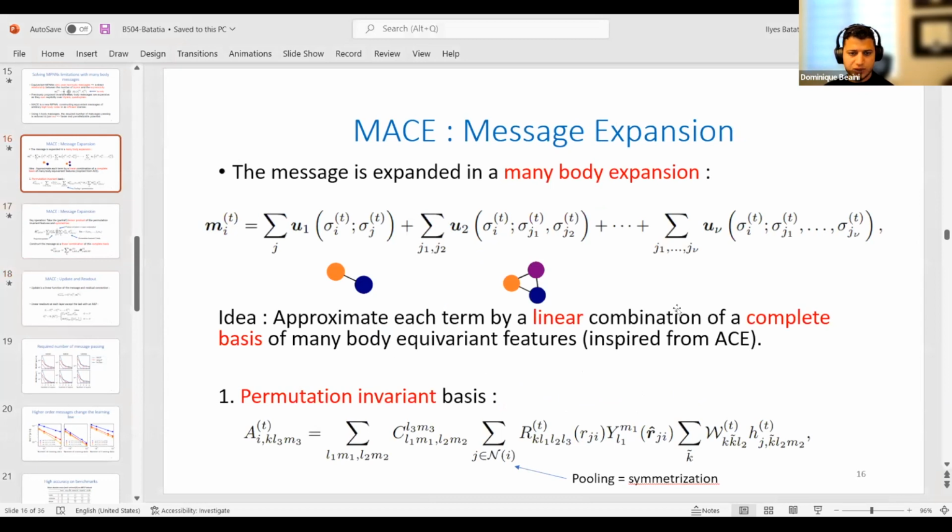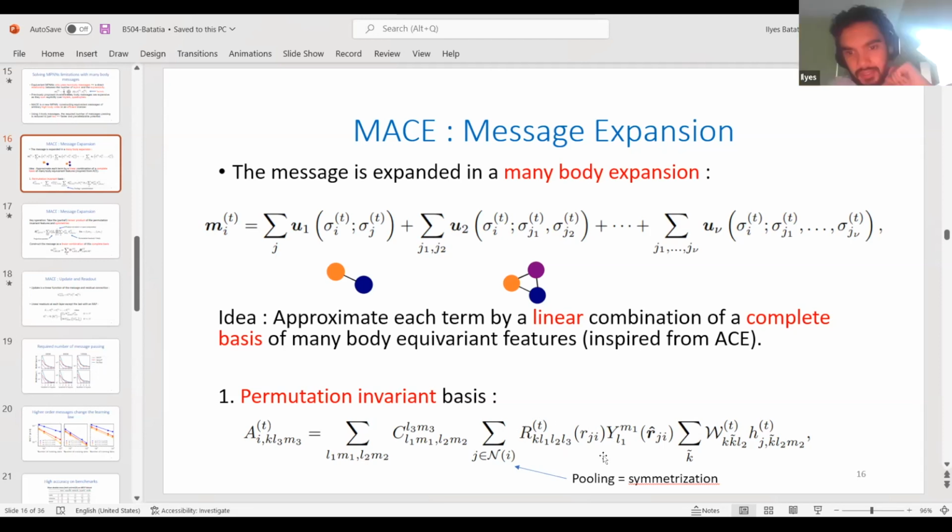How does the learned weight affect these functions? Do you learn a weight for each element of the set of spherical harmonics? Could you explain a bit more what this function does?